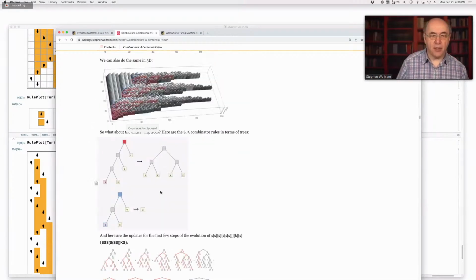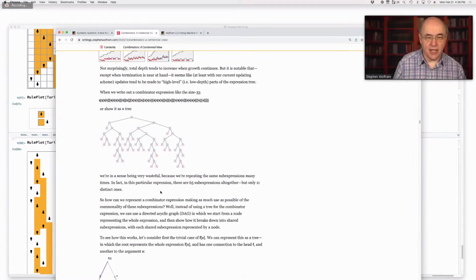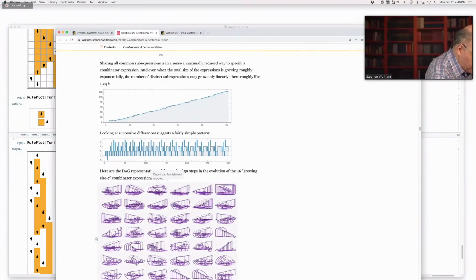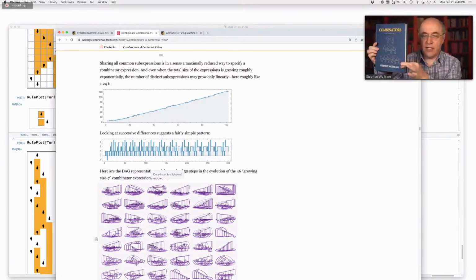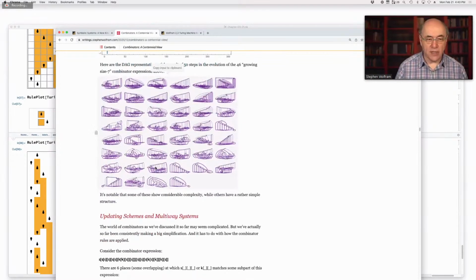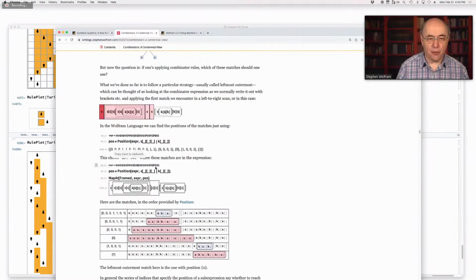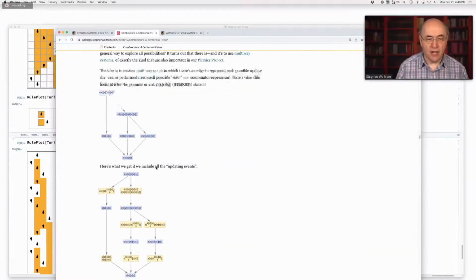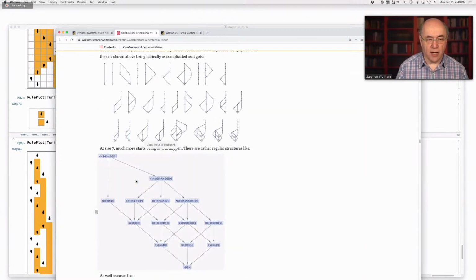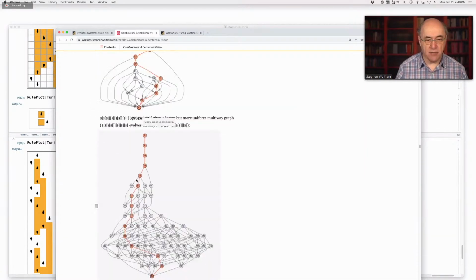So that thing, which was just a couple of pages in the NKS book, turned into this giant tome. There's a book version of this that came out last year. There's my book about combinators. You can view that as being just a little piece of one section. One section of chapter 3 turns into another book. The big question is sort of in what order do you do the updates? That leads to multi-way systems.